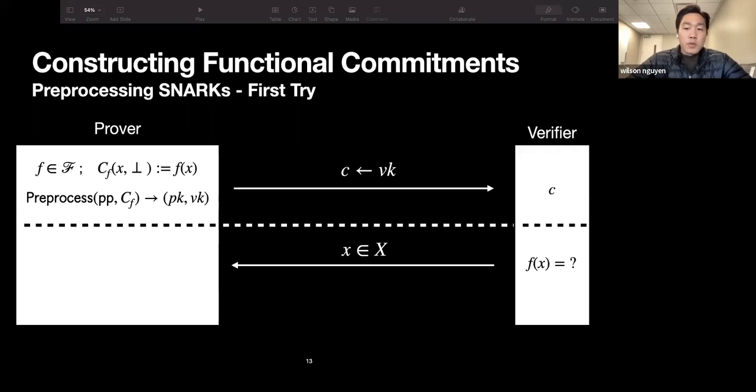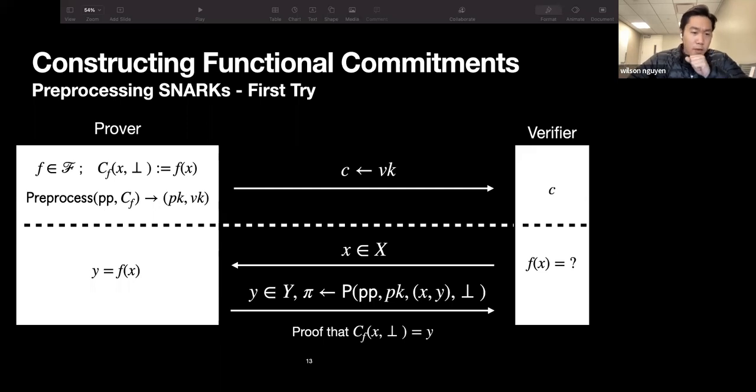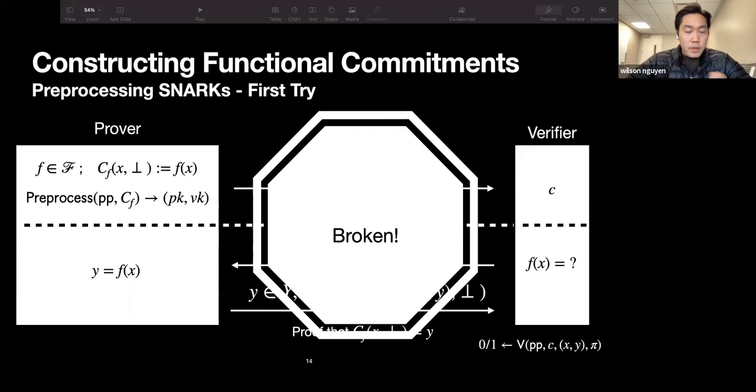The verifier wonders what f of x is equal to, and the prover computes f of x and sends over the evaluation, and also a proof pi that C, which is summarized in that verifying key, evaluated on x is equal to y. And the verifier verifies that proof. But the issue is that this scheme is actually broken, and we'll go over why it's broken.